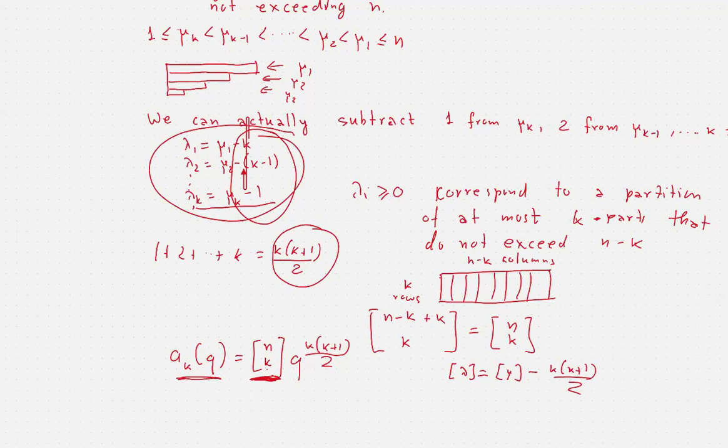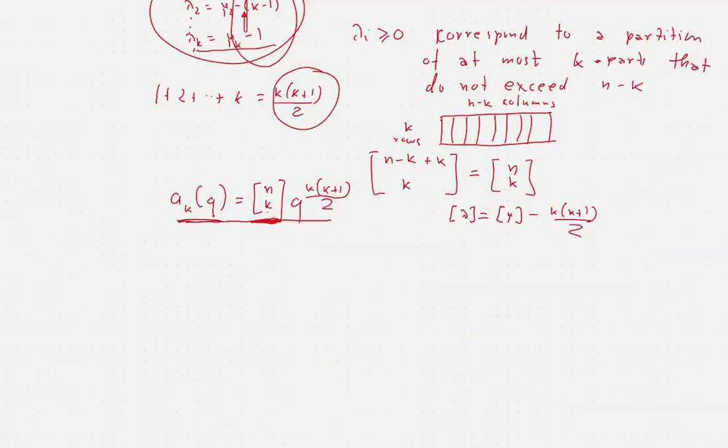So hence we have this formula, and that pretty much proves our theorem. So that proves that the left-hand side is precisely the sum from k equals 0 to n of the q-binomial coefficient n choose k times q^(k(k+1)/2) times x^k, which is exactly what we wanted to show. And that's all. Thanks for watching.